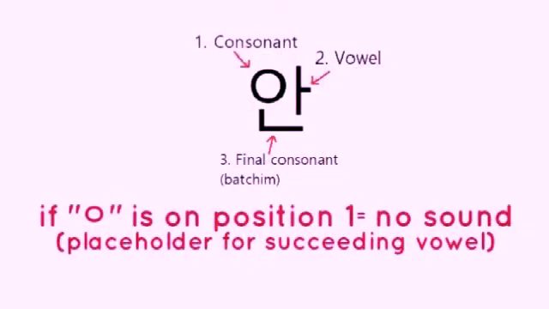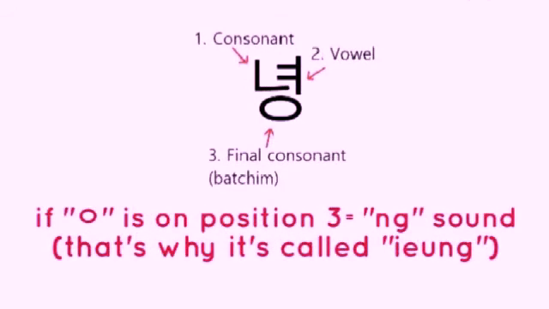In the syllable an, since ieung is in position 1, it only serves as a placeholder. Therefore, it has no sound. In the second syllable, nyong, ieung is in position 3. That's why it has the ng sound.